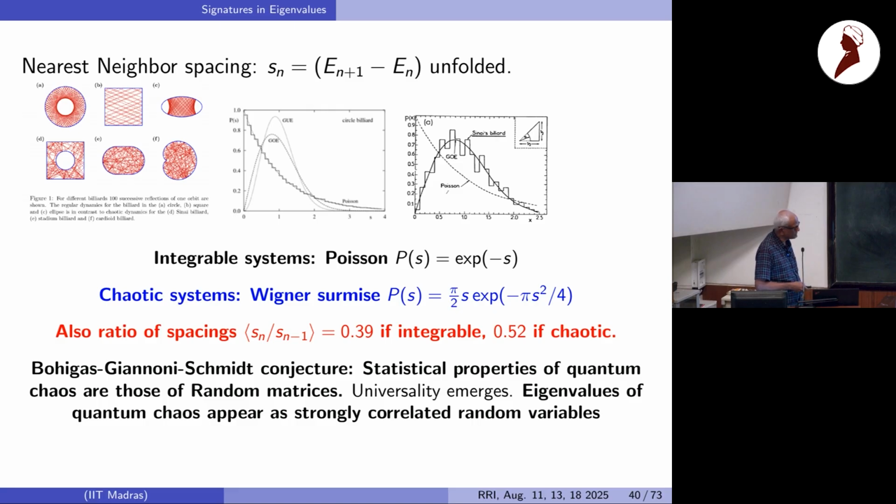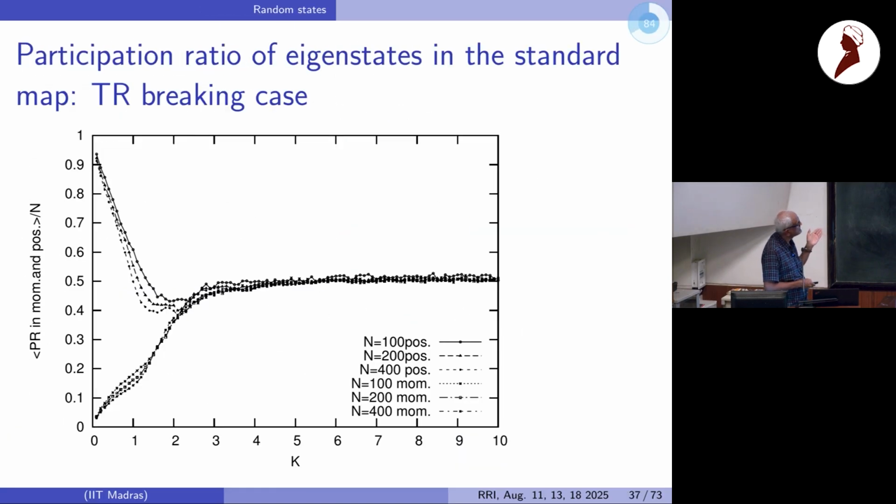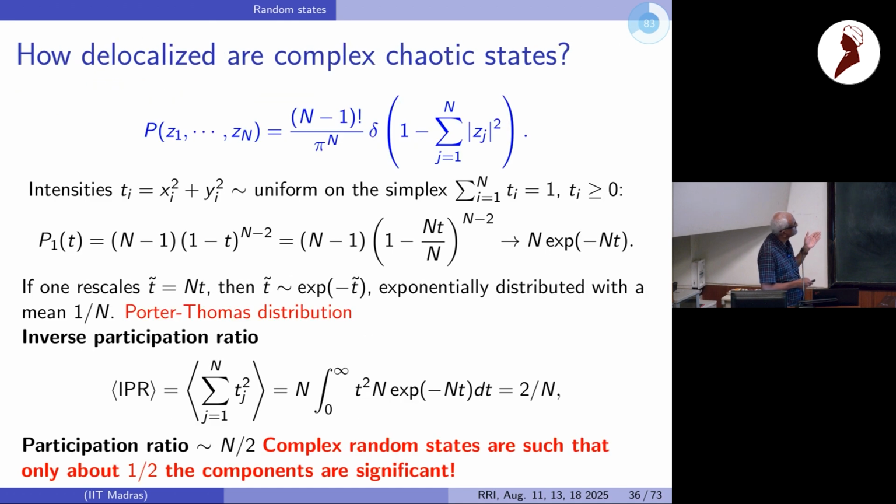I've already said something about eigenfunctions. That is, they are distributed statistically like this. So this is also correlated, but I would say it's weakly correlated because the only correlation is the sum being 1. Otherwise, you might as well use this single particle, single intensity distribution to do a lot of things.